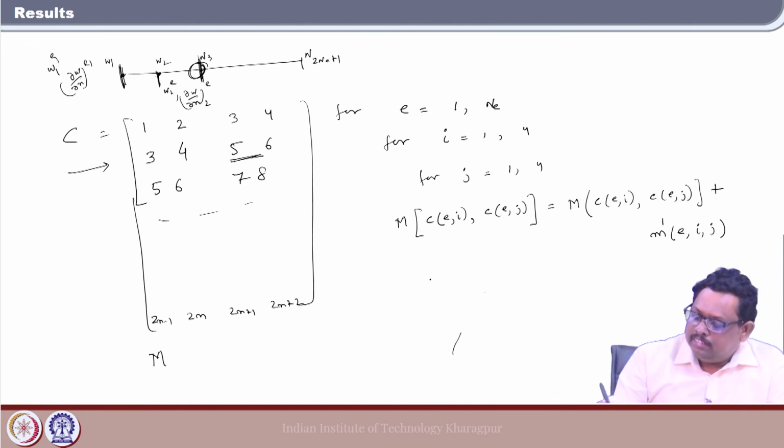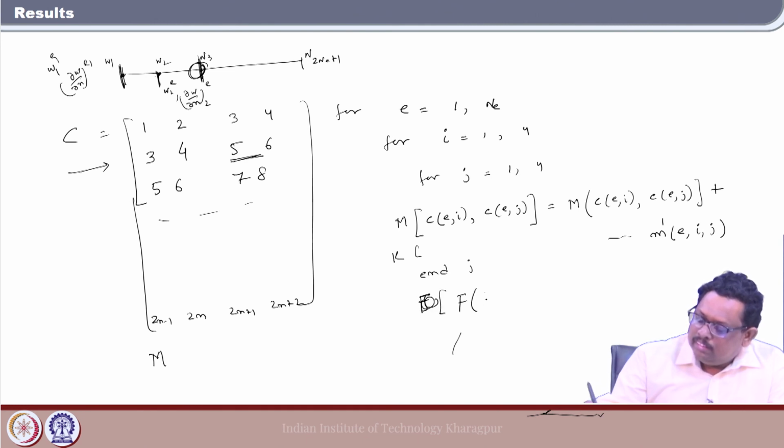Okay. So then you can simplify the j and similarly you can write the same thing for k also. I am not repeating it for k; you can write the same thing. And now your global force matrix F, which is again F of C of E comma I, should be an n plus 1 by 1 matrix.